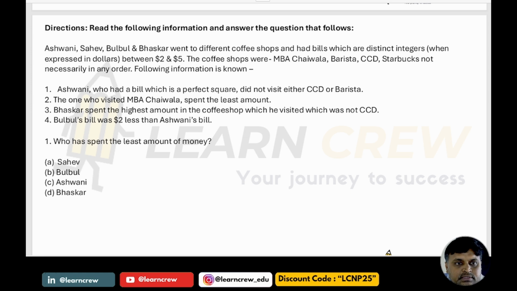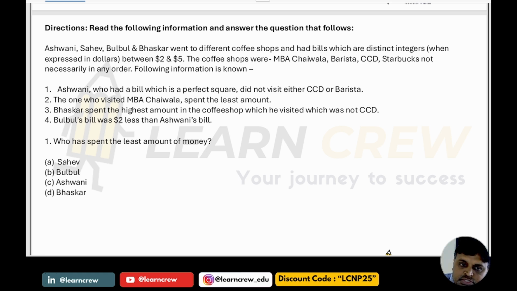See the first one. Ashwani, Sahib, Bulbul and Bhaskar went to coffee shops and had bills which are distinct integers when expressed in dollars between $2 and $5. The coffee shops were MBA Chaiwala, Barista, CCD, Starbucks, not necessarily in any order.